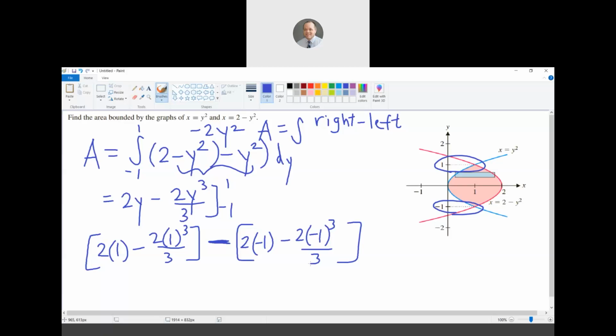Now let's calculate. In the first brackets, we got 2 minus 2/3. Second brackets, we got -2. And right here, -1 cubed is -1 still, times -2 gives us a positive 2/3.